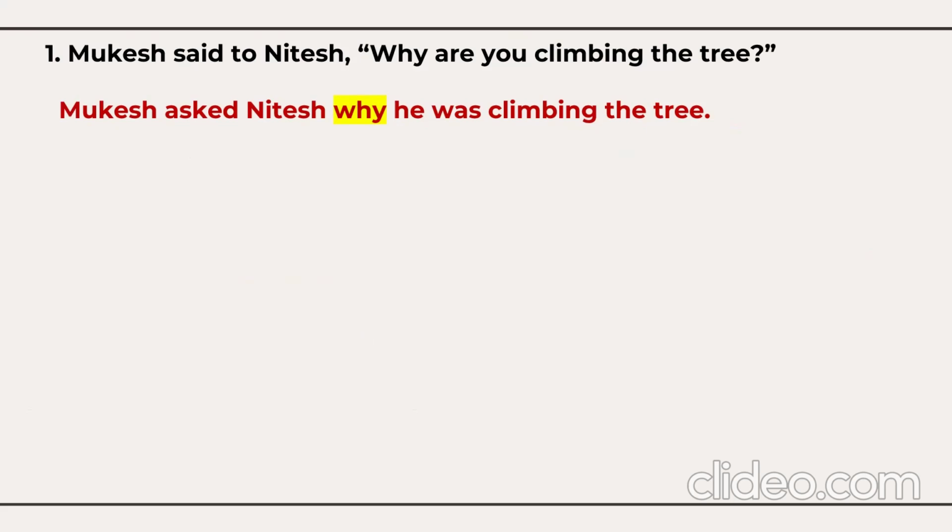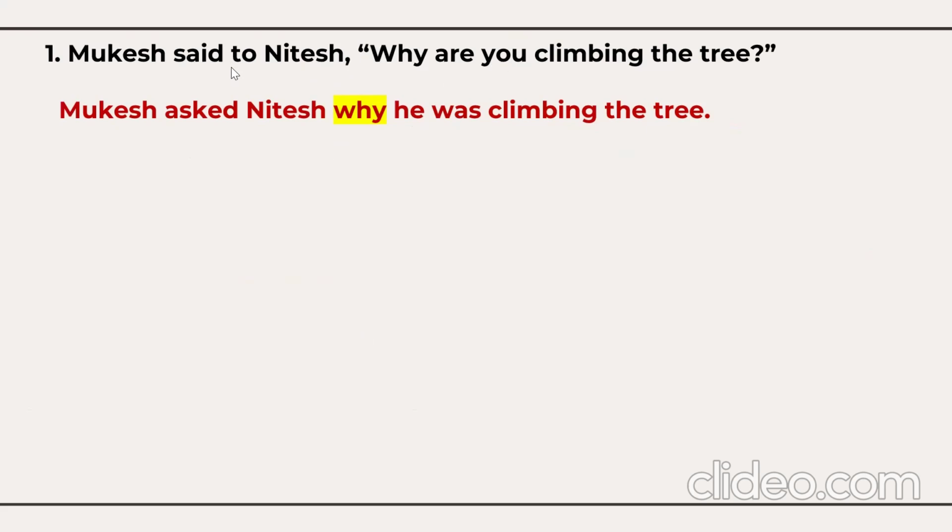Mukesh asked Nitesh, why? See the rule of the game. After why, don't copy the helping verb. You copy the subject. You will become he, because Nitesh and you are connected, right? That means the subject. This R will become was. Why?